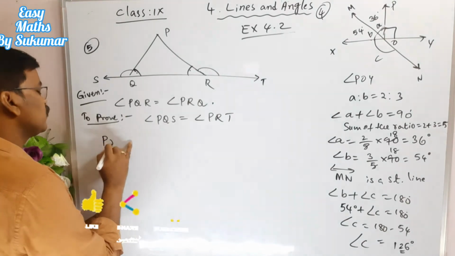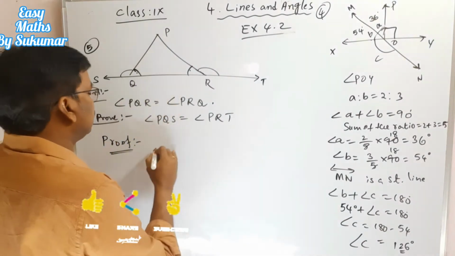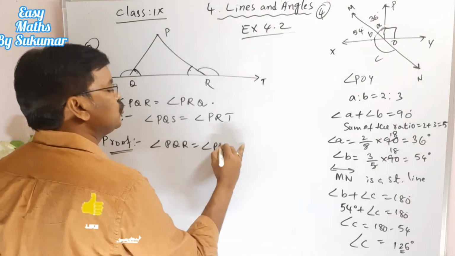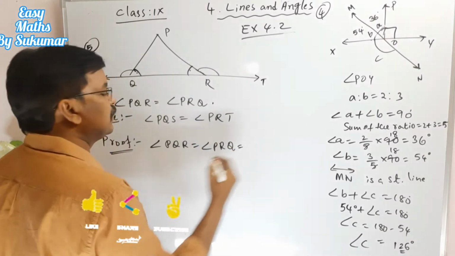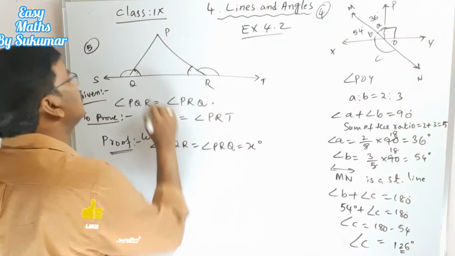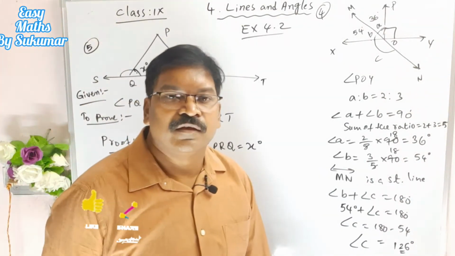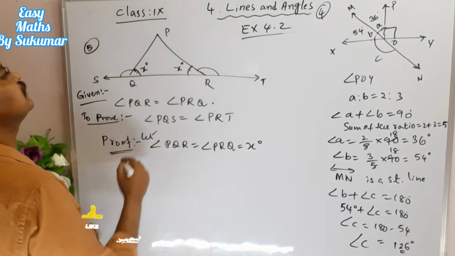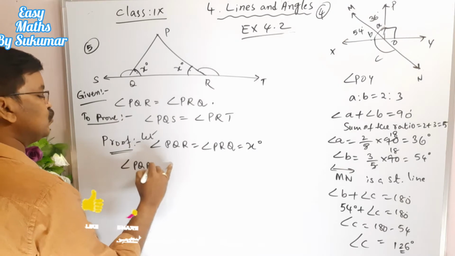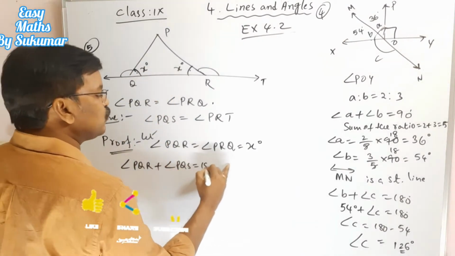So coming to the proof, my dear students, what is given? Angle PQR and angle PRQ are equal. Let us take these two as x degrees. Now this angle PQR plus angle PQS is equal to 180 degrees.